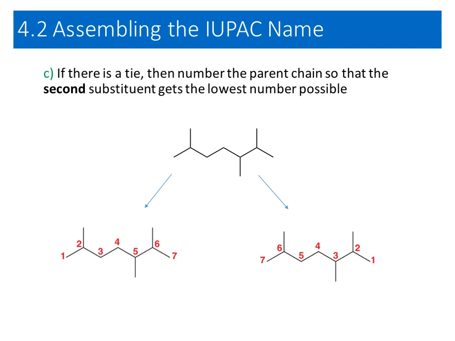So if we look at this numbering pattern, the first substituent gets number 2 and the second one gets number 3. Now in the other numbering pattern, the first one gets number 2 and the second one gets number 5.